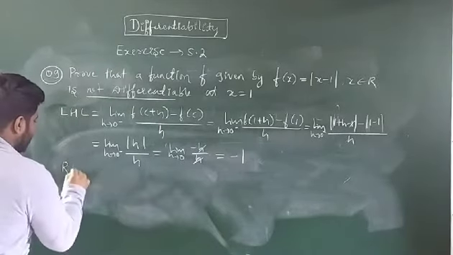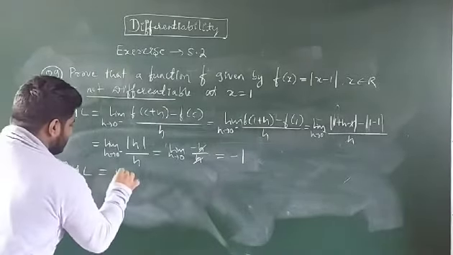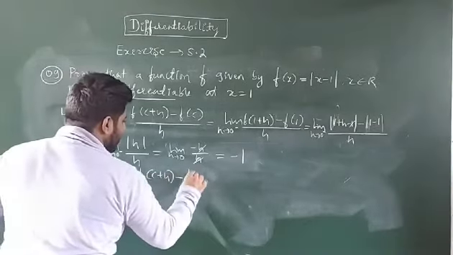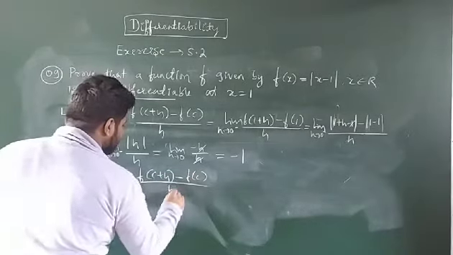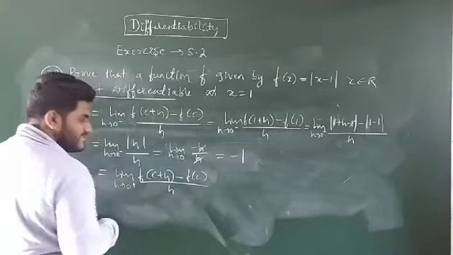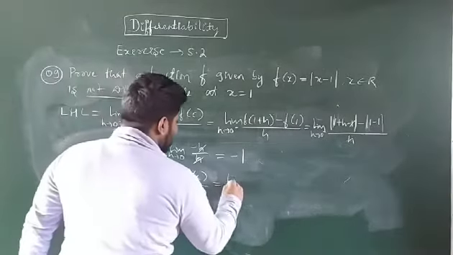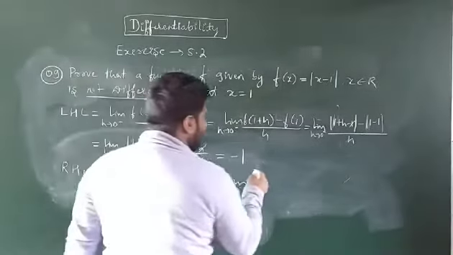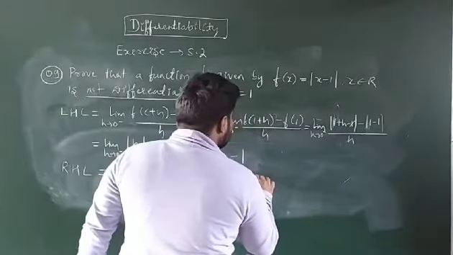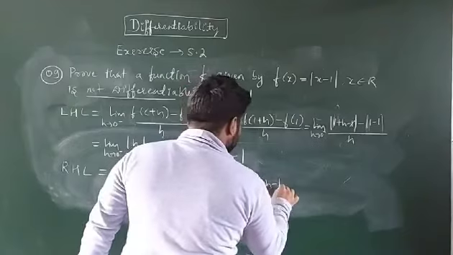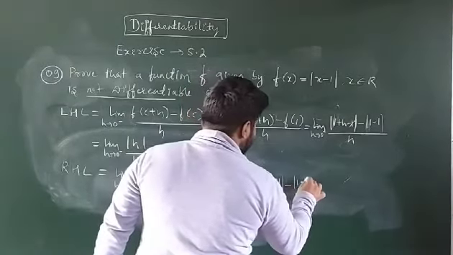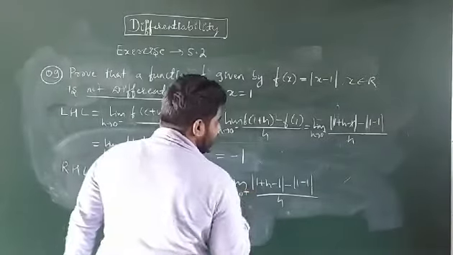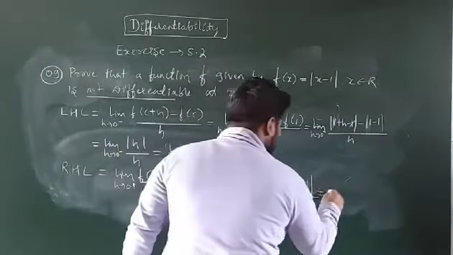Now calculate RHL. RHL is nothing but limit of f of c plus h minus f of c divided by h as h tending to 0 plus. In the same way, we put c plus h in that equation. We are getting mod of 1 plus h minus 1, minus mod of 1 minus 1, whole divided by h as h tending to 0 plus. So totally what we are getting?